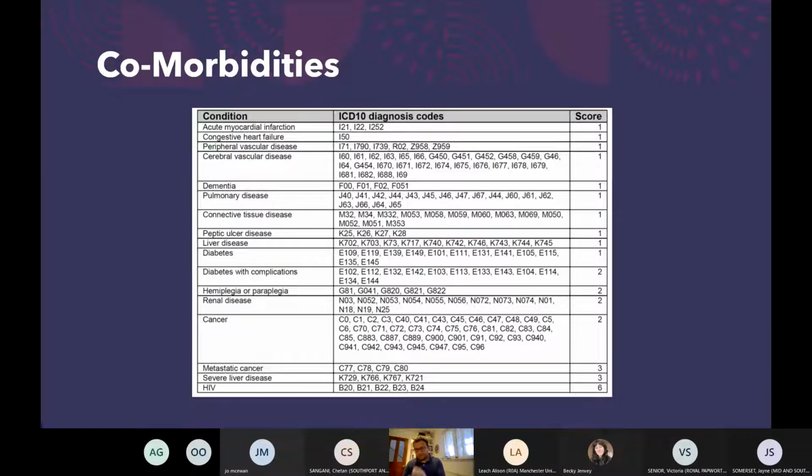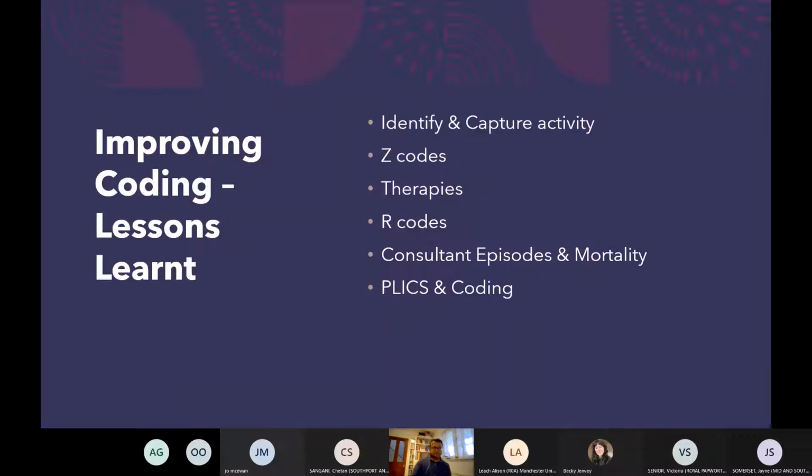The scoring system is in this Charlson index. They carry quite a lot of weight for your HSMR, which is your hospital standardized mortality ratio. So it's important they get captured in your first or second FCE. So those are the key ones there.